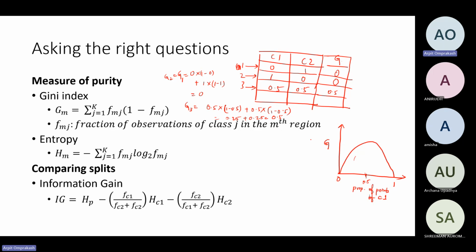If you plot the entropy, or the H, for different values, it looks very similar. It also has a parabolic curve like this. If you have very homogeneous mixtures, like 0% proportion of C1 or around 100% proportion of C1, then the entropy value is very low. However, if you have a very heterogeneous population, the entropy value is high.